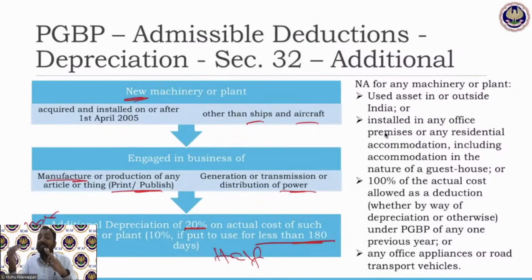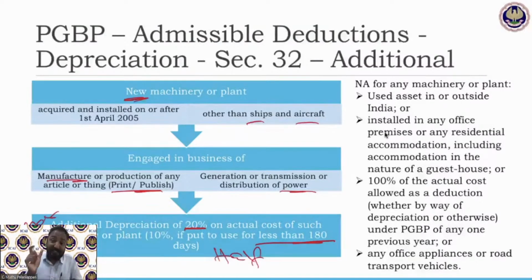But if the asset is used less than 180 days, you can only claim half. So half of 20 is 10. You need not remember it like a number. The moment it is less than 180 days, you can only claim half. So that's what it is about, additional depreciation.